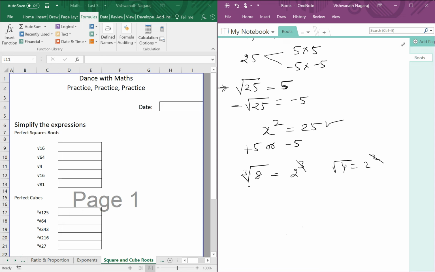But here in this case, if a number is not present, it means 2. See here, square root of 2. The number is not there. We don't write 2 here. So when a number is not present, we are talking of square root. But for any other root, we'll have to explicitly write the number.